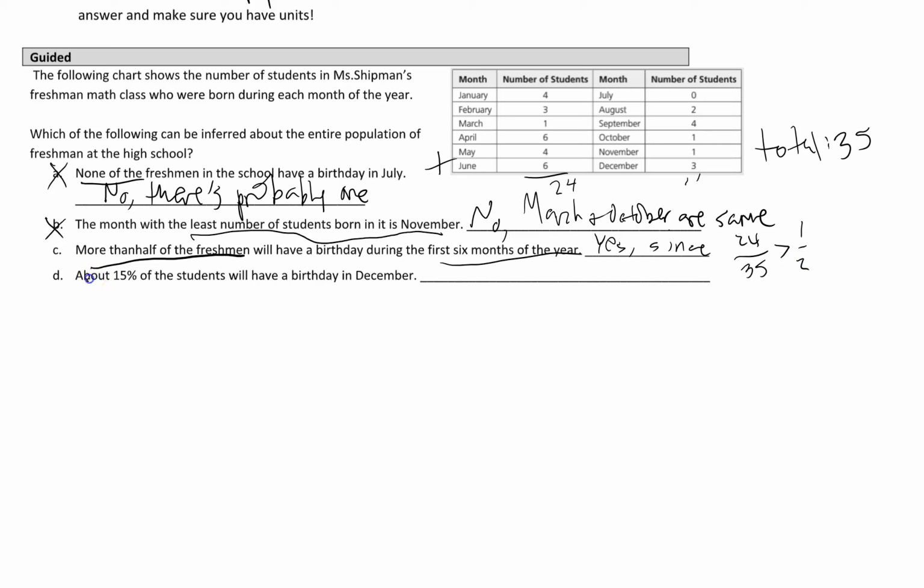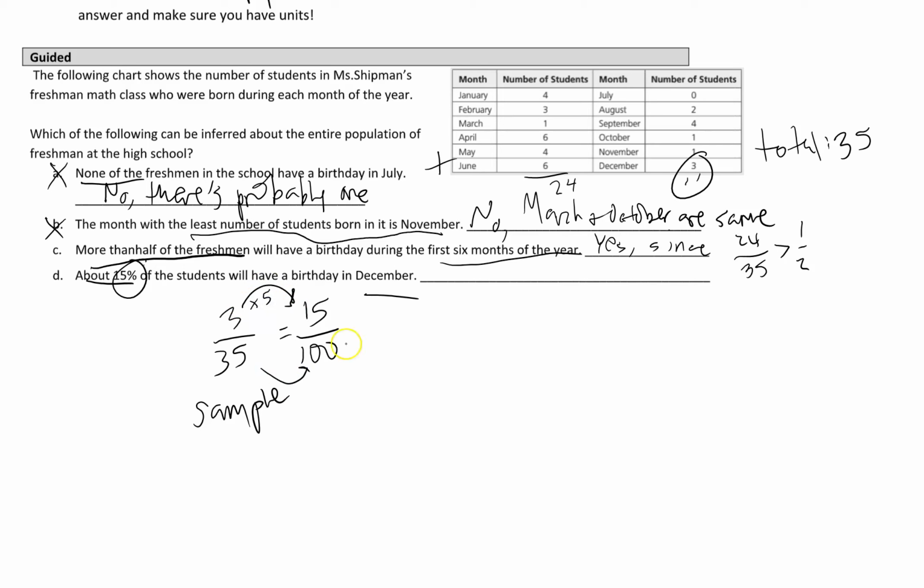All right, last one. About 15% of the students will have a birthday in December. So here's where we can set up a proportion. We know December has 3 people out of the 35. This side is our sample. And we're saying, is that 15%? 15%, we know percents go out of 100. And so we're just going to see, is this true? If we were going to get from 3 to 15, we would have to multiply by 5.